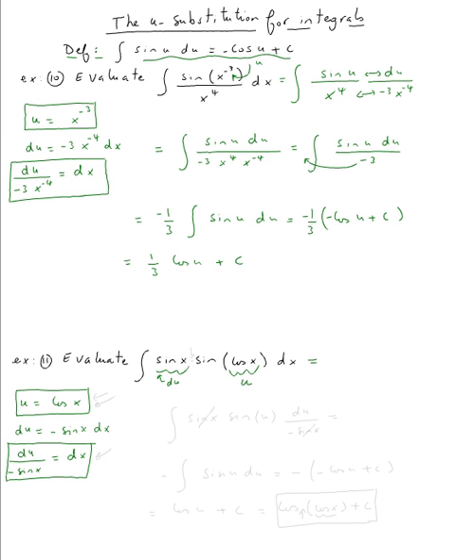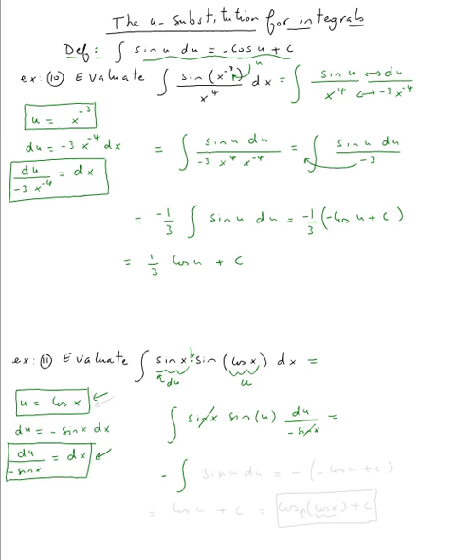So this integral will be equal to sine x times, by the way, there's a multiplication here, right? So sine x times sine of u, so I replace cosine x by u, and then I replace dx by du over minus sine x. Now here, since this is a multiplication, we can simplify sine x and take the negative 1 outside.